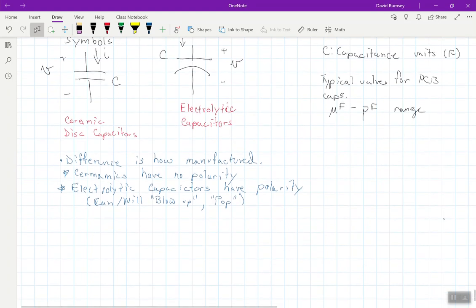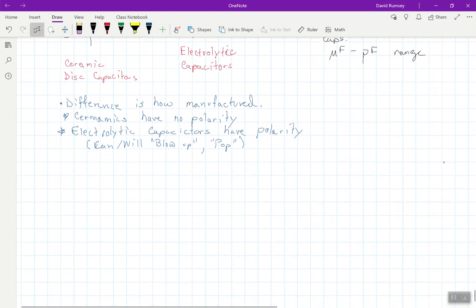All right, but we need to get back to our goal of understanding the current-voltage relationships. Unfortunately, there's not a very simple current-voltage relationship for a capacitor. The current is equal to the capacitance times something most of you are probably not familiar with, dV/dt.